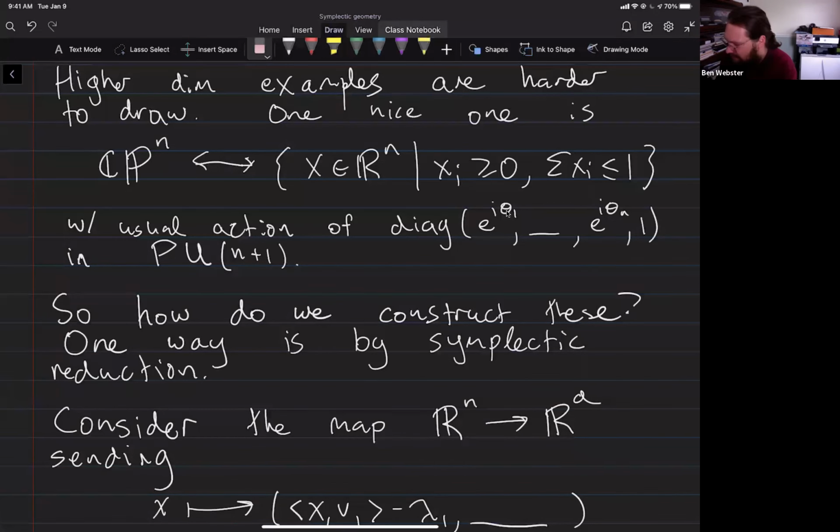Just as before, you have the diagonal unitary matrices and just leave off the last coordinate. This is the torus of PUN, the projective unitary group, the image of the unitary group acting on projective space.